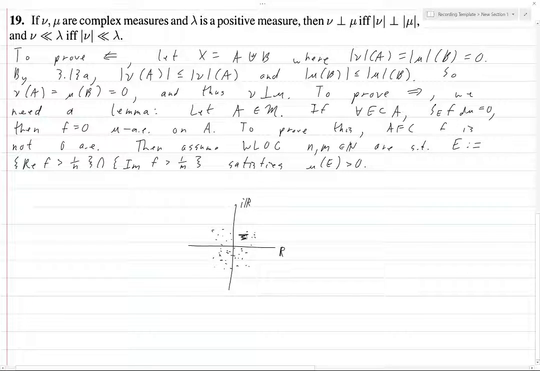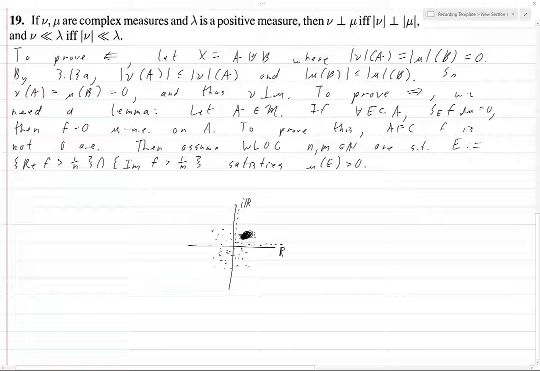Well, the real axis and the imaginary axis both have 0 measure. So it's got to have positive measure in one of these 4 quadrants. And if it has positive measure in one of these 4 quadrants, then we can take a slice of this quadrant such that the stuff that we cut off in this slice has positive measure.